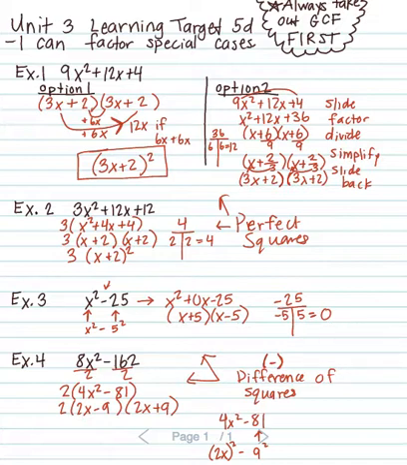So these are actually really simple because as long as they're subtracted and it's something squared, they're going to be the same exact thing except one positive, one negative. So if we look at example 3, we had a positive 5 and negative 5. Other than that, they're the same. Example 4, we had a negative 9, a positive 9. Other than that, they're exactly the same. So difference of squares, same thing, one positive, one negative.